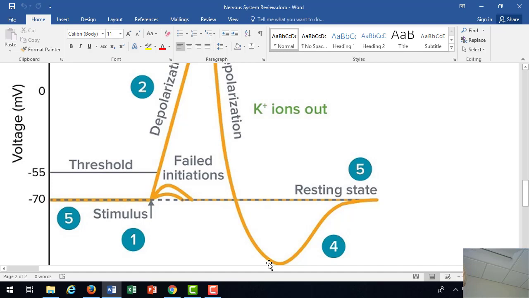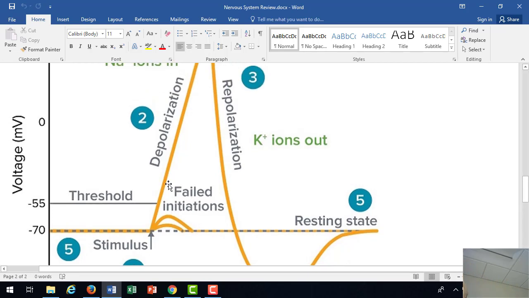But then at this point, they're all shut. And what's cleaning everything up again, putting everything back where it belongs? Yep, the sodium potassium pump. So if you want to label this little part, this graph right here, this is the sodium potassium pump cleaning everything up and putting it back to its resting state until the next impulse comes along.